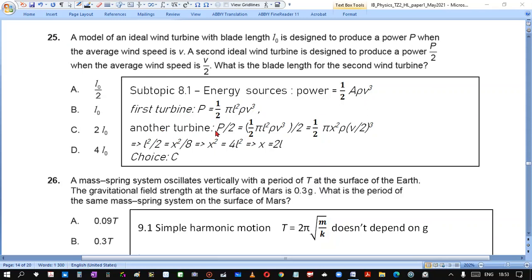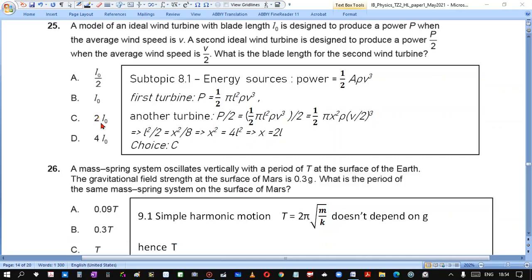Another turbine has P over 2, which means the first turbine's power divided by 2, so we write the formula for the second turbine, with unknown blade length X but speed V over 2. After simplification, we get X equals 2L, so choice C.